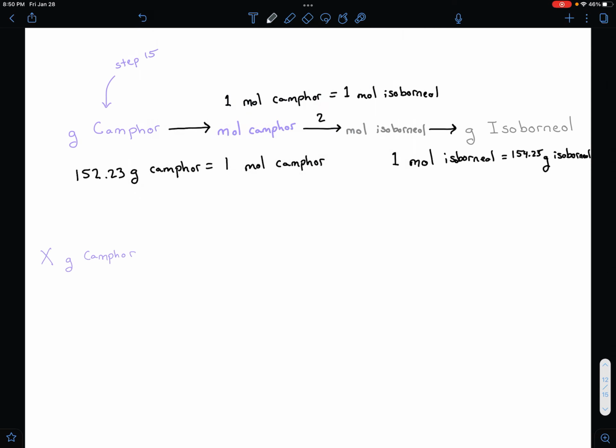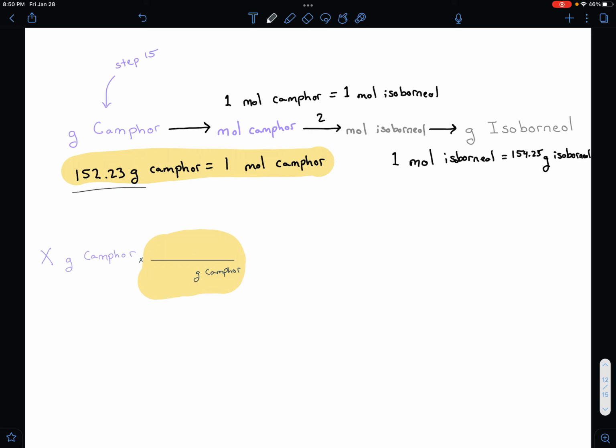Every time you do a conversion, you write a multiplication sign, a fraction bar, and the units you start with go on the bottom of that fraction so that they'll cancel out. You want the units to change. Ultimately, we want grams of camphor to turn into grams of isoborneol. So we take the units we have and put them on the bottom of the fraction so that they'll cancel. We're going to fill in this first fraction with our first conversion factor.